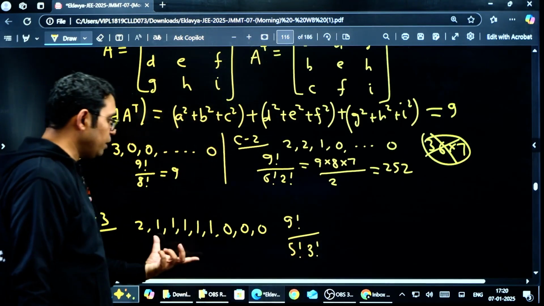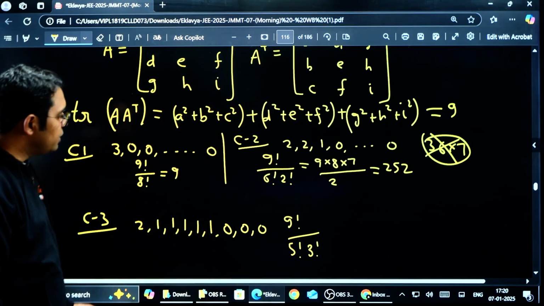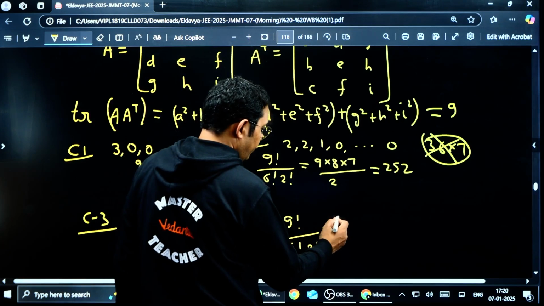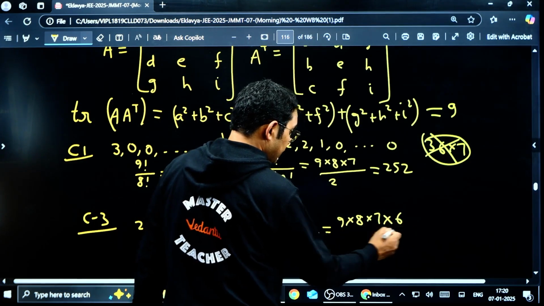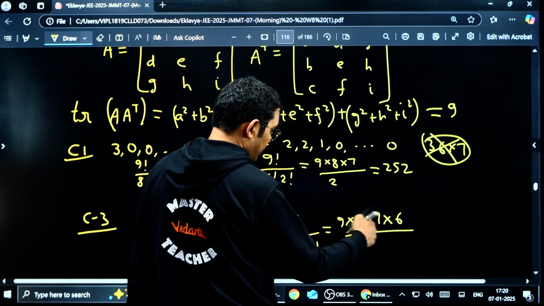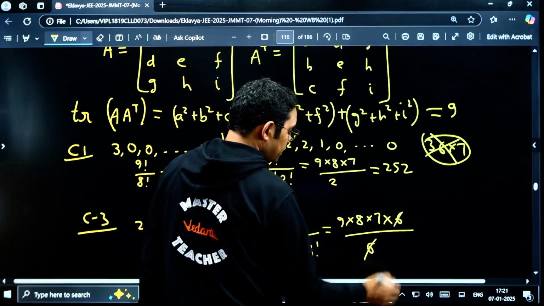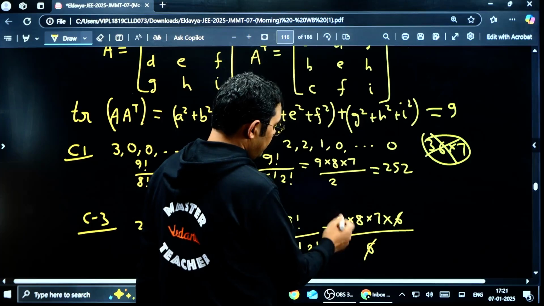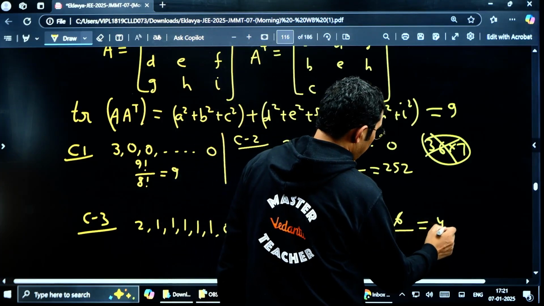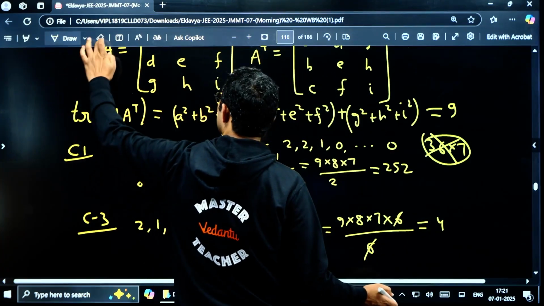So that will be the number of permutations for these numbers. So it becomes 9 factorial, that is 9 into 8 into 7 into 6, 5 factorial will get cancelled. And 3 factorial is 6, so 6 also cancels this. I think this is just double of the previous one, 9, 8, 7. So it will be 504.